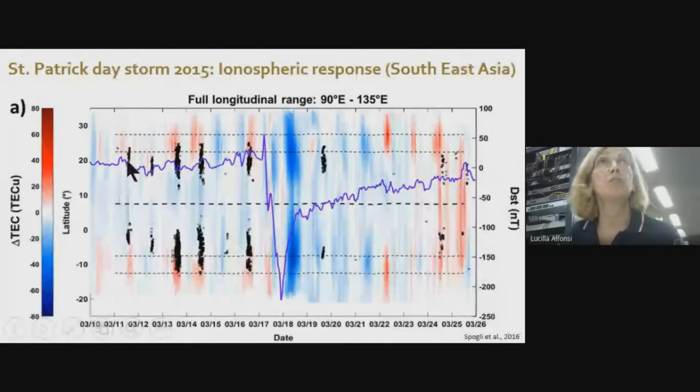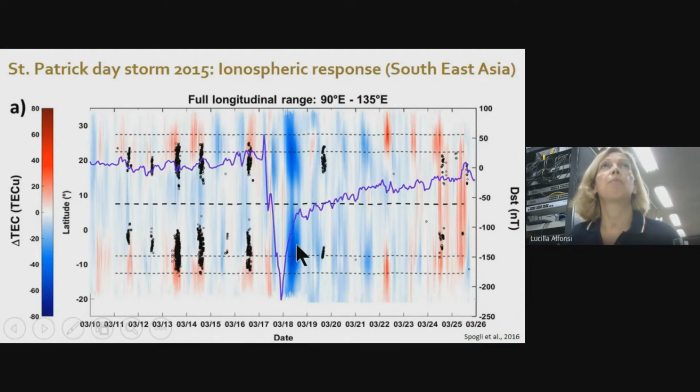The black dots here are related to the appearance of scintillation on the amplitude of the signal. So you can see that before the storm, we have scintillation occurrence, while during the main phase and the beginning of the recovery phase, during this very big negative storm, we don't have any more scintillation. This is again quite typical of the low latitude ionosphere.